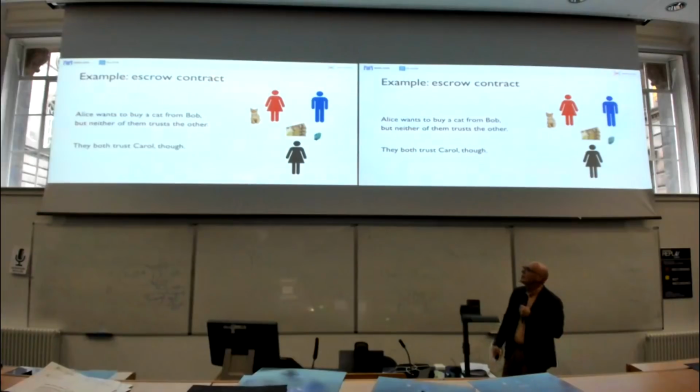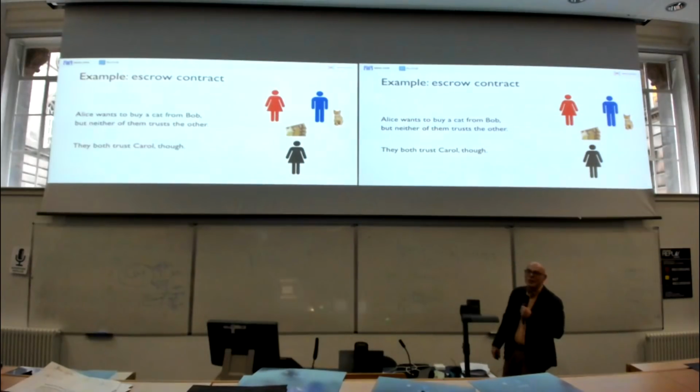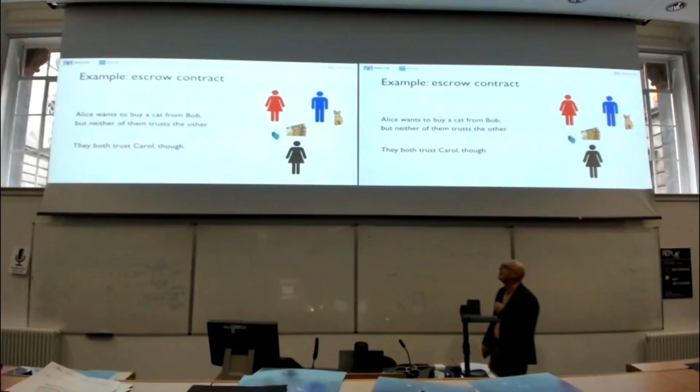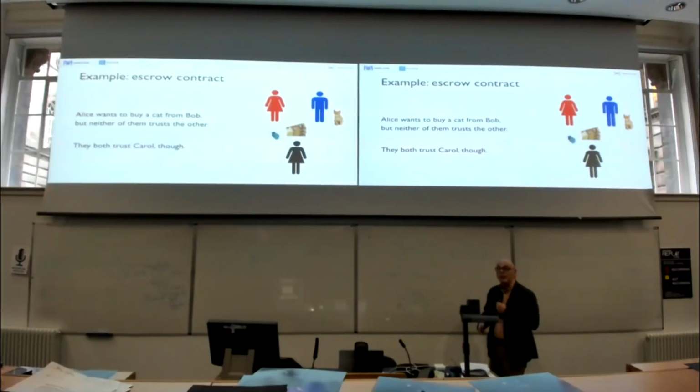If we backtrack, what's the other situation? Alice puts the money on the table. She waits. She waits. The cat is sitting resolutely there. And Carol sees she's not got the cat. She and Alice agree, she gets the money back.